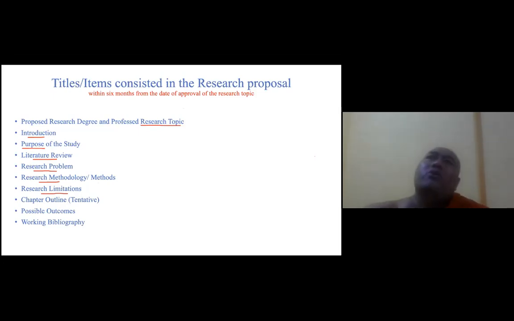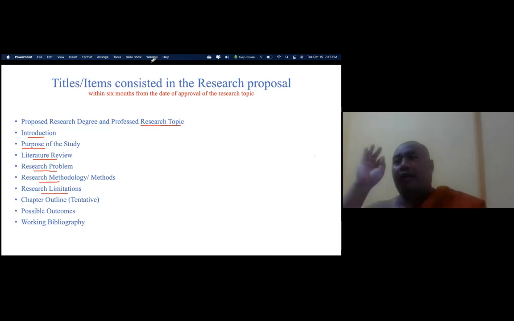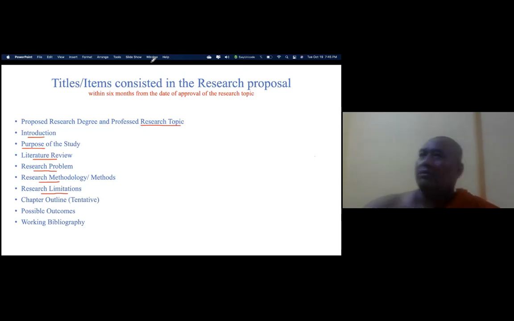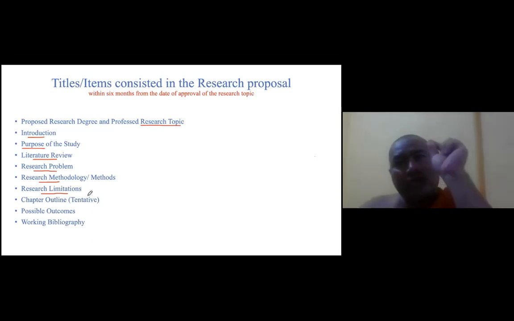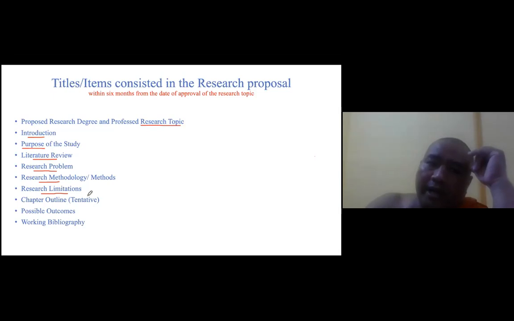Oh, how could you read the whole Tipitaka? He asked me again. After that, I said no. I mean, even though I said the whole Tipitaka, I will read only the relevant articles and relevant chapters. So you cannot say it like that. You must mention exactly what your limitations are. He said, therefore, this step is also very important in your research proposal.